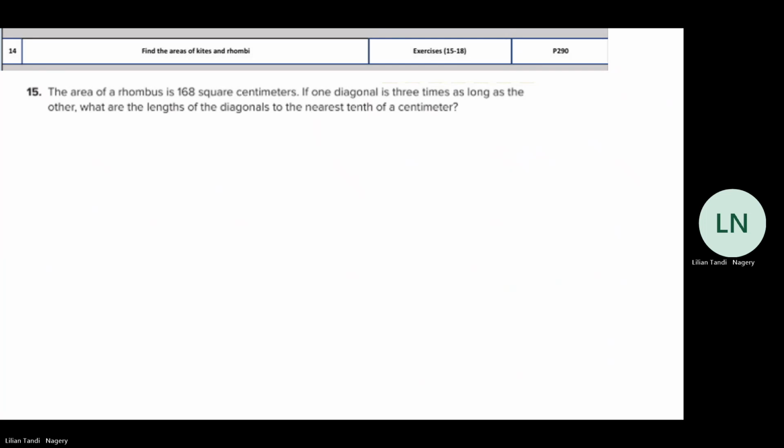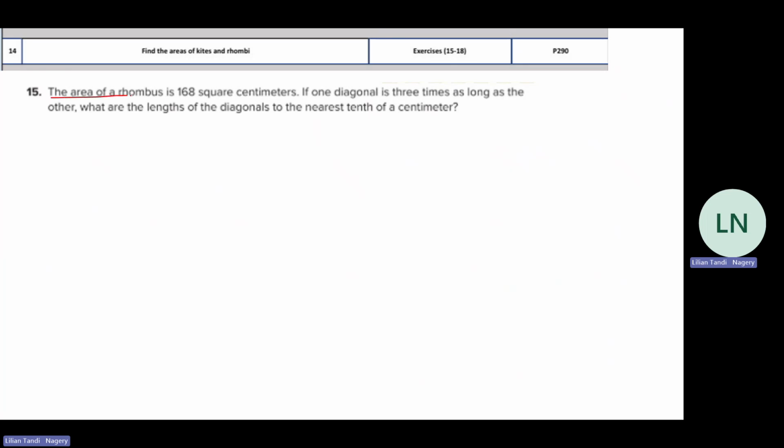Okay, now the question is telling me if my area is 168, okay, I have a rhombus. So we draw the rhombus.